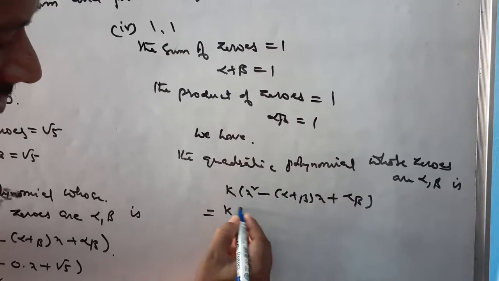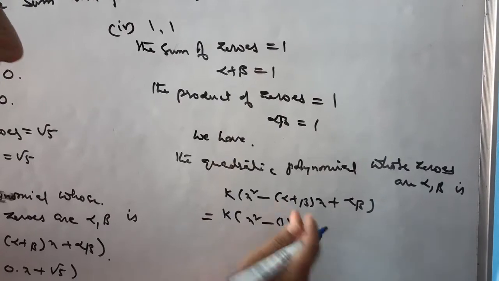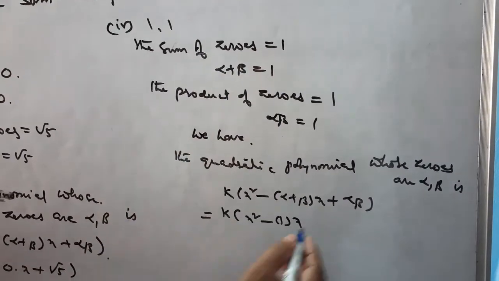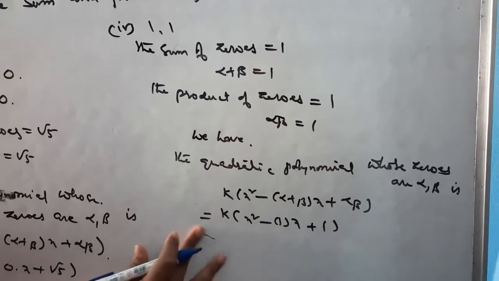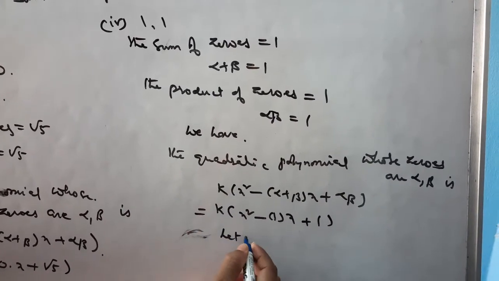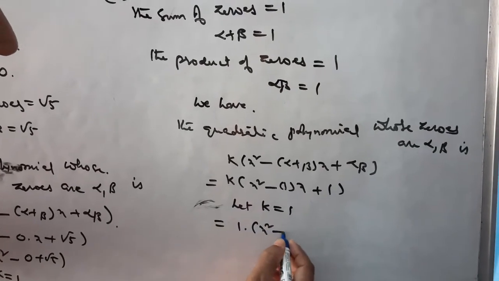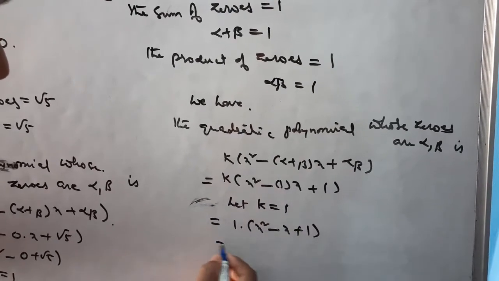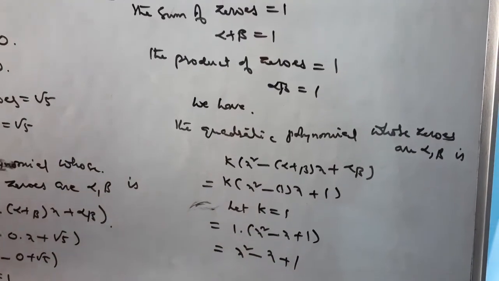So that is k into x square minus 1 into x plus 1. Let k equal to 1, so we get x square minus x plus 1. So the quadratic polynomial is x square minus x plus 1.